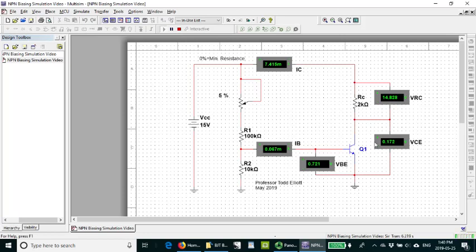Now note all the other readings and watch how they change as I step up from 0% all the way to 100%.